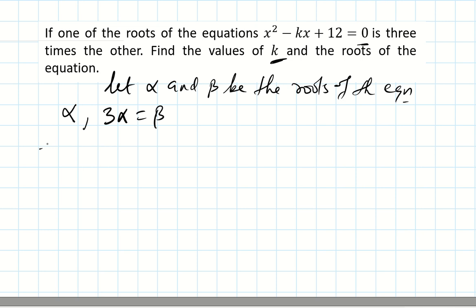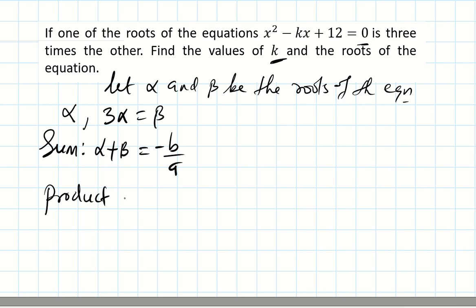Then we say that the sum of the roots, alpha plus beta, is equal to minus b over a, and the product of the roots, alpha beta, is c over a.